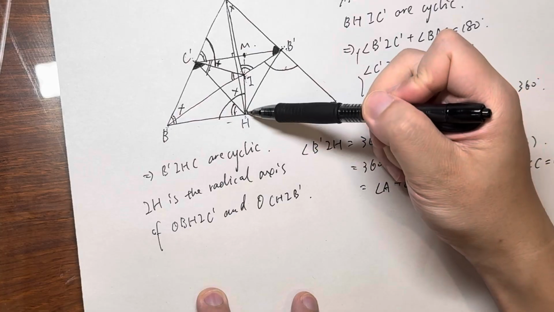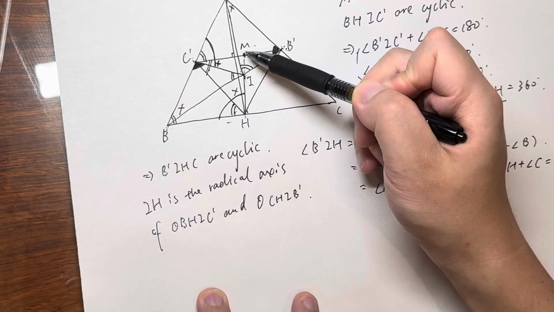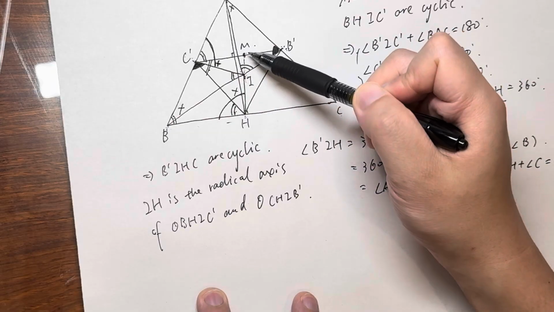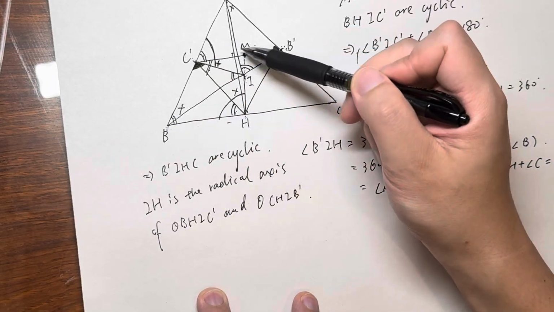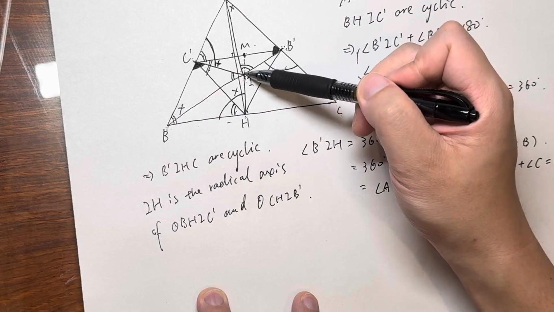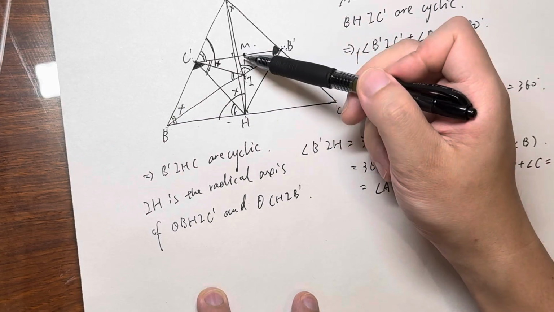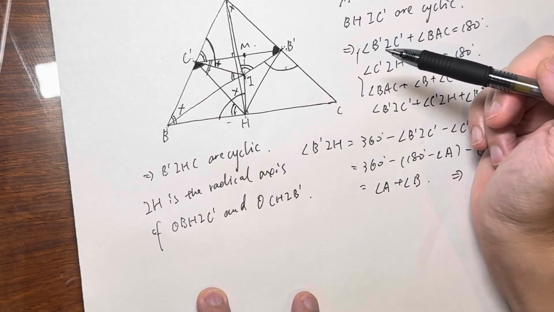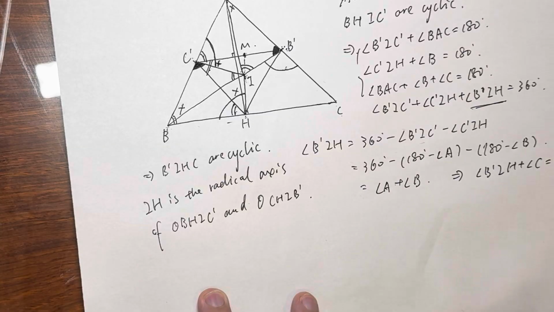Right, and this is radical axis. So we know that the power of M to this circle equals to MC' squared, which equals to MI times MH, which equals to MB' squared. So MC' equals to MB'. That means M is the midpoint of B'C'.